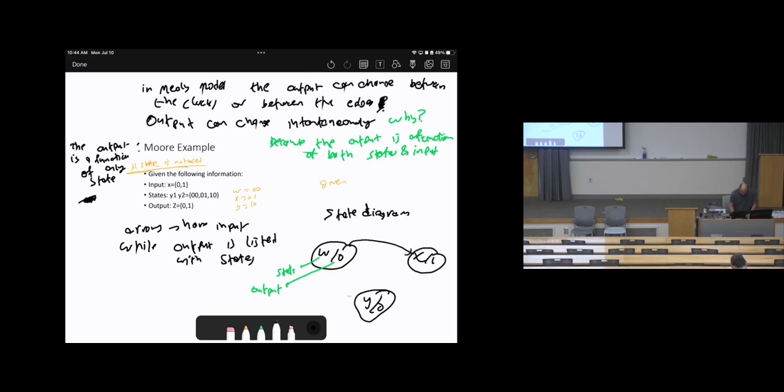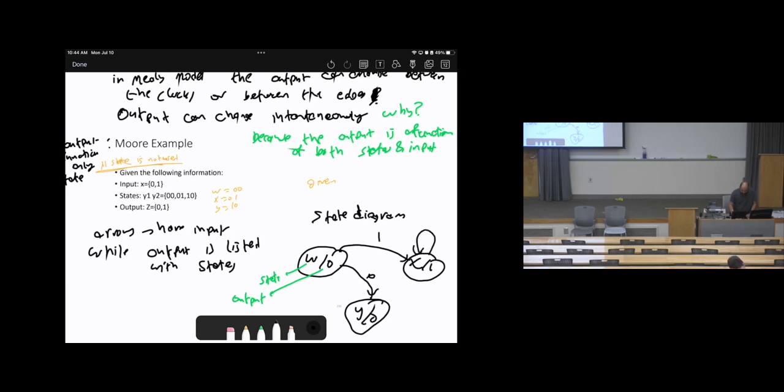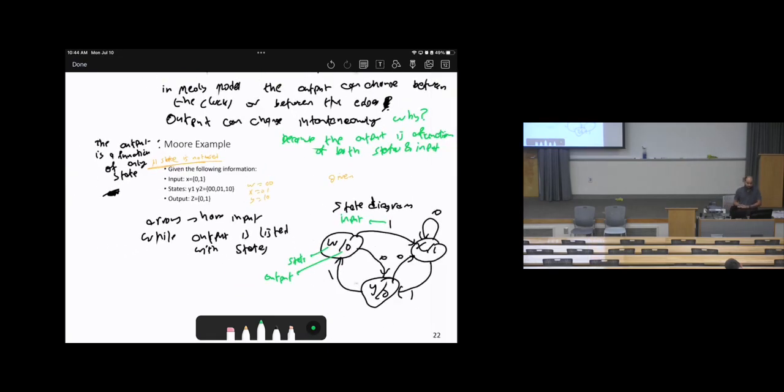Here is 1. Here is 0. Then here is 0, here is 1, here is 0, here is 1. So those are only the inputs. So in Moore model, you will see in the arrows only the inputs. You will not see any outputs at all.